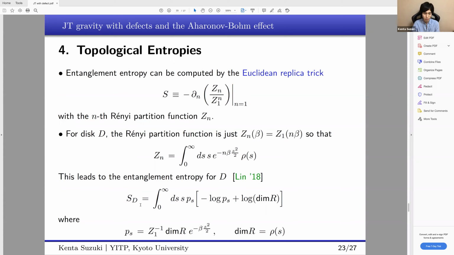The entanglement entropy of the Hartle-Hawking state of disk geometry can be expressed in terms of this expression, where rho is basically the spectral density, and PS is given by this expression.